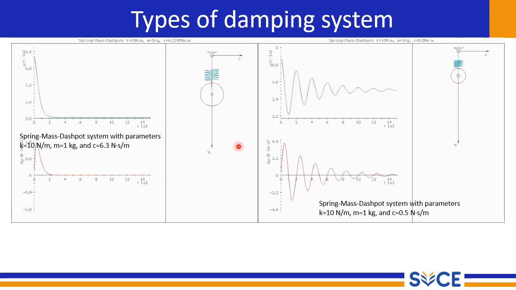This type of damping is ideal for systems where rapid stabilization is desired, such as in some precision instruments or control systems like pistons. So, by this slide, we can come to a conclusion that we have three different types of damping system: underdamped system, overdamped system, and critically damped system.